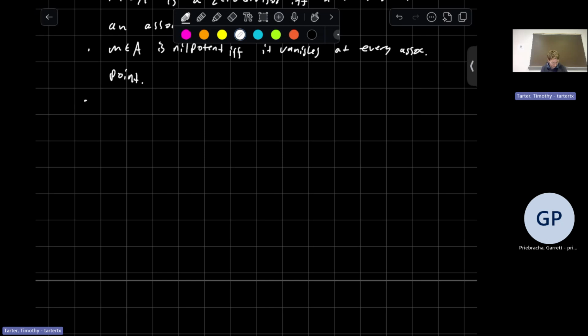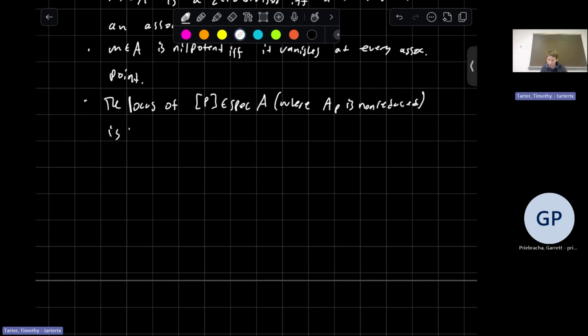Okay, and then the locus of points P in spec A where A_P is non-reduced is the closure of some subset of the associated points.